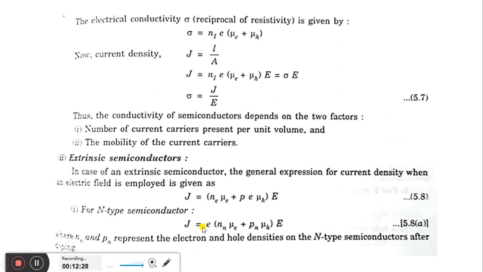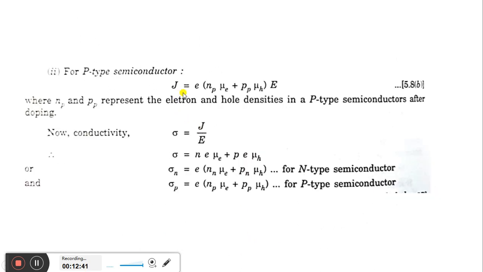In the case of the n-type semiconductor material, we have written e Nn mu e plus Pn mu h, E. In the same way we can write for the p-type semiconductor material, J equals e Np mu e plus Pp mu h, E, where Np and Pp represent the electron and hole densities in a p-type semiconductor after doping.